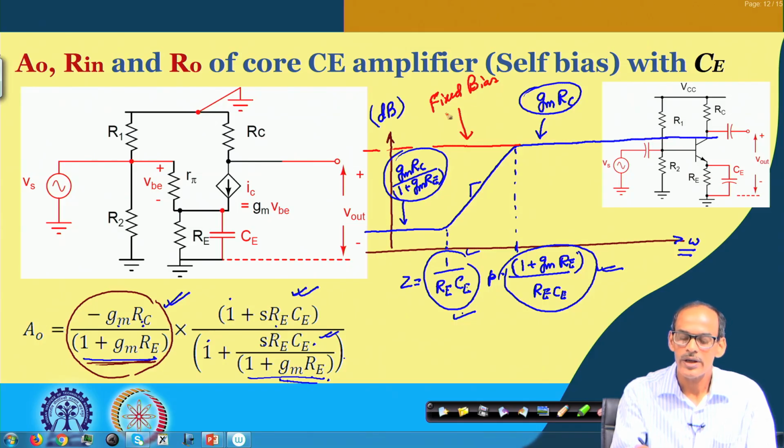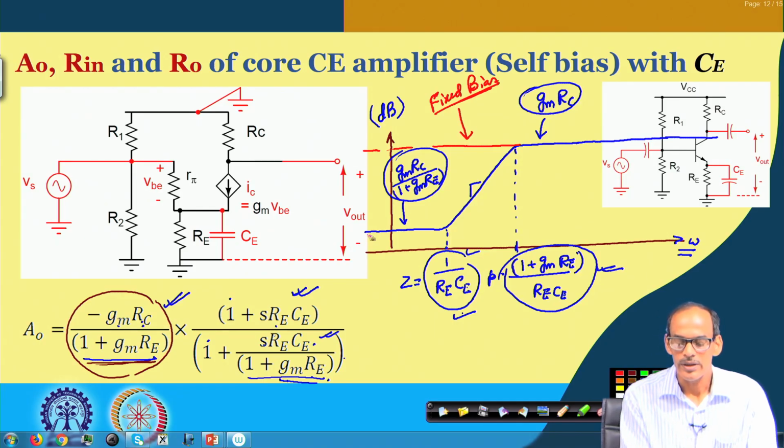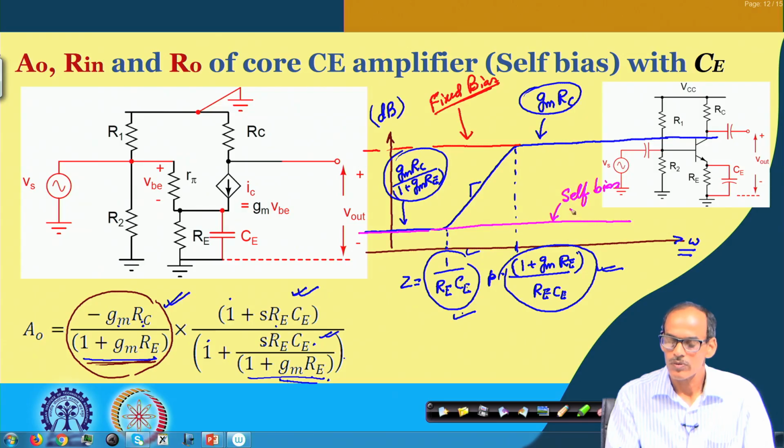On the other hand, if we have self bias with only R_e, then the corresponding gain continues like this. So this is self biased with R_e only.